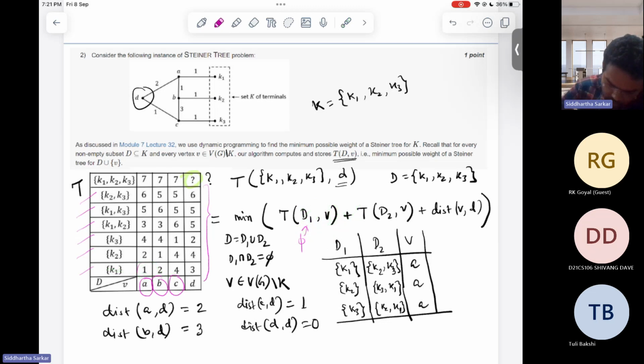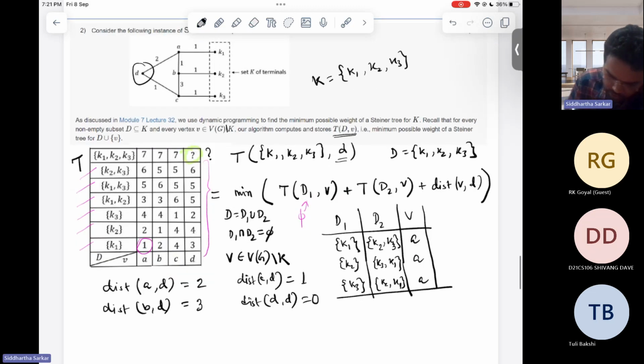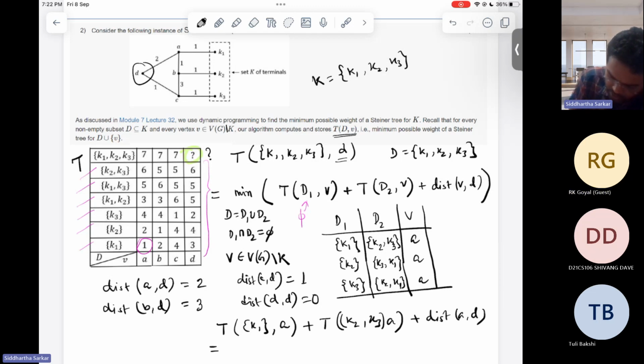Let's mark it. What are we computing? We're computing T of K1 comma A, plus T of the other partition K2 K3 comma A, plus the distance between A and D. This we have checked from the table.